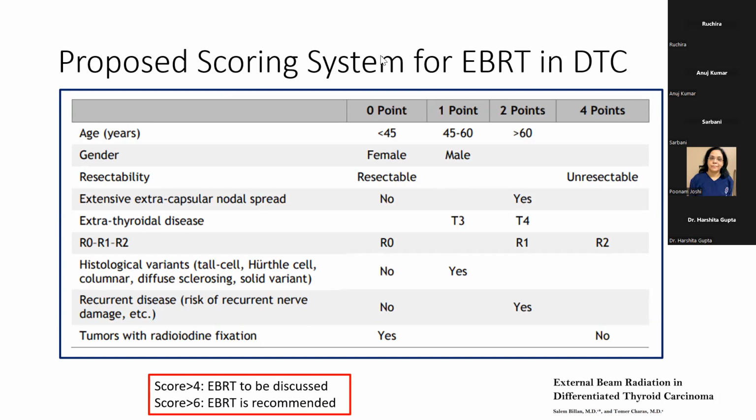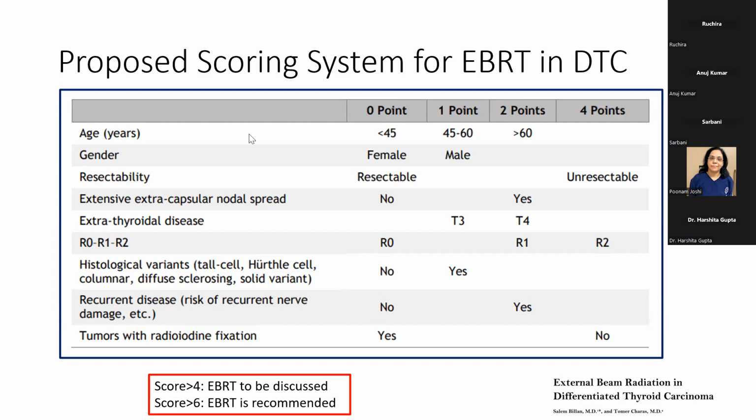Thank you, Anuj, for that very comprehensive lecture. You've covered everything very well. My only addition is that if you look at the scoring system, it actually takes into account all that has been described in the various guidelines. It brings to focus the points that a tumor that is not resectable has poor histologic variants. But just because of a poor histology in a tumor that is otherwise resectable doesn't make it a high risk patient.